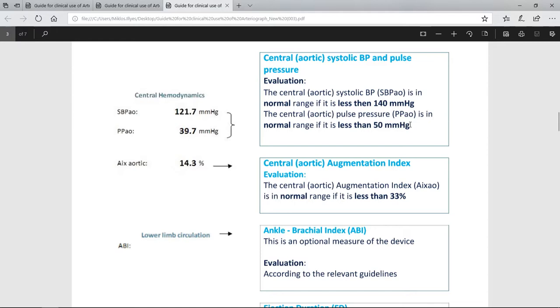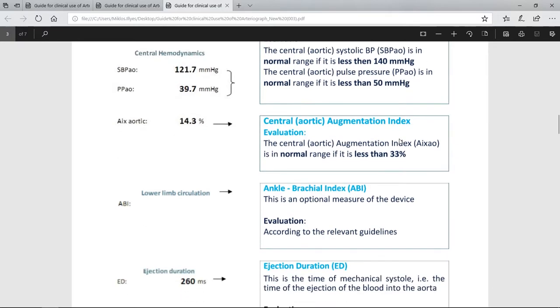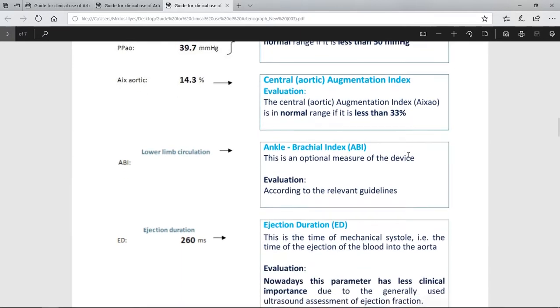Let me remark that the 50 mmHg is equal to the Strong Heart Study data by Mary Roman, who also found that if the central pulse pressure increased more than 50 mmHg, the parameter has prognostic value regarding later developing cardiovascular events. The next parameter is the central augmentation index, which is normal at less than 33%. Exceeding 33%, we can expect more cardiovascular complications and poor prognosis.